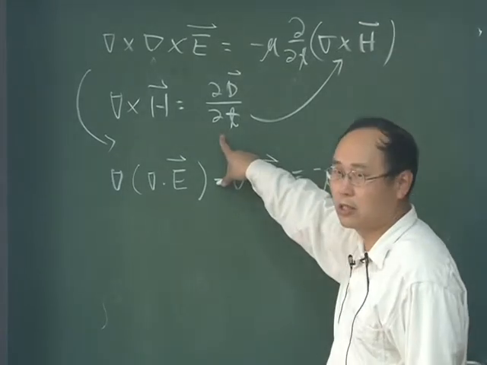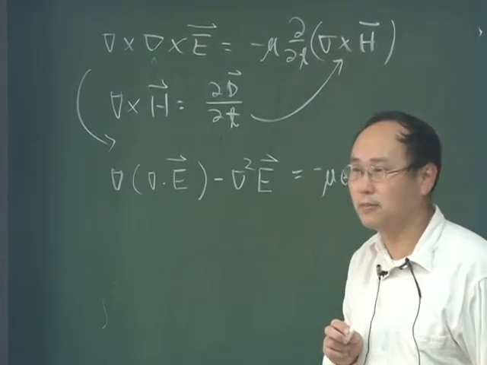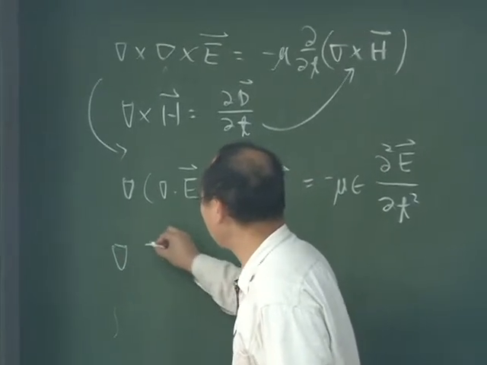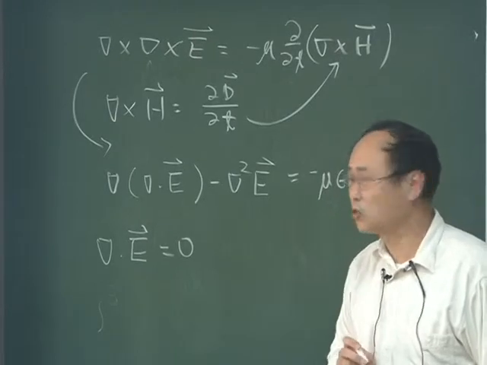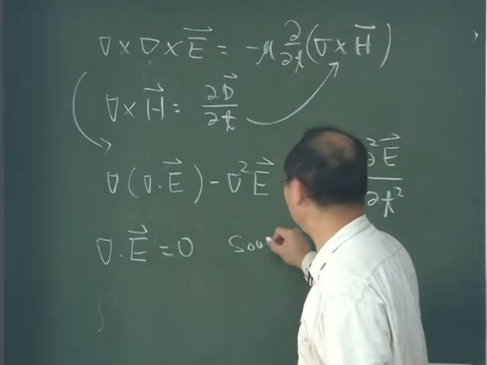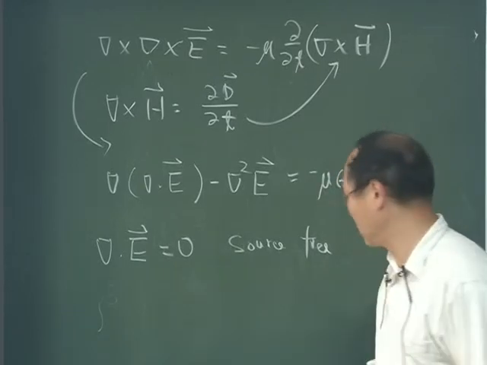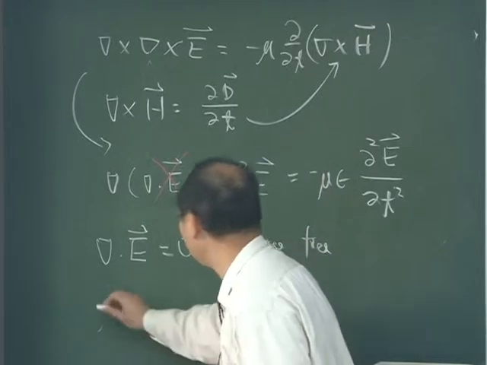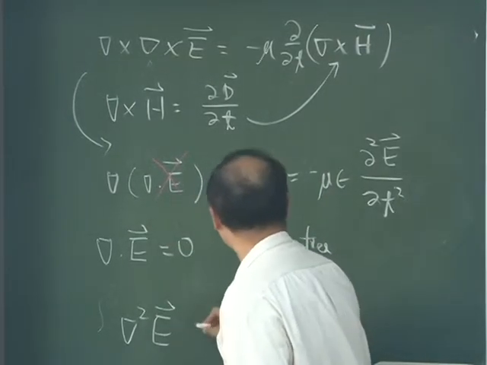But from Gauss's law, you know that the divergence of E is equal to 0 in the source-free region. You don't have any source, so you cross out this term. So quickly you establish an equation for the electric field in free space.